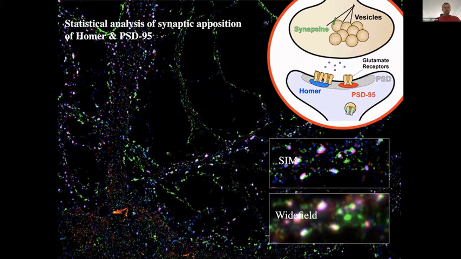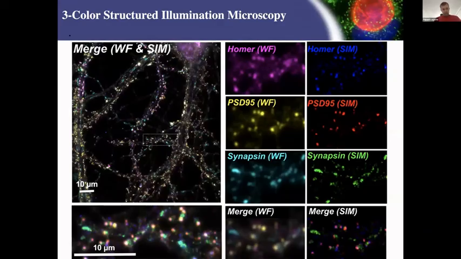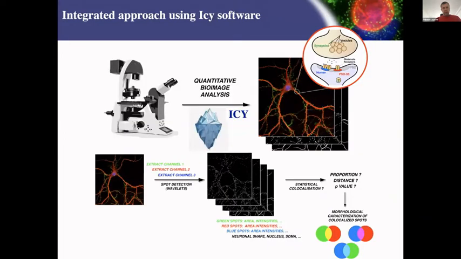So this is more or less the same information, an example of PSD, synapsin and Homer in the different modalities. Because we had about 10 images of a raw neuron, and in each image we have thousands of spots, we wanted to run a statistical analysis and especially do this automatically and robustly.